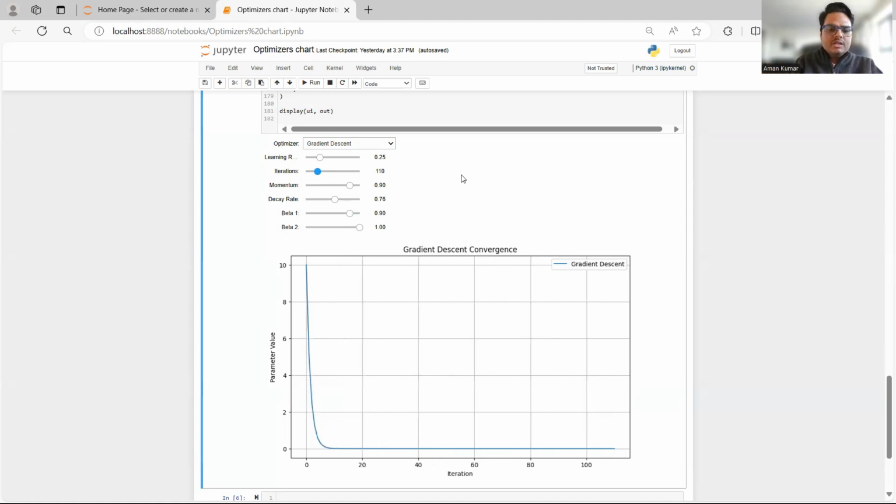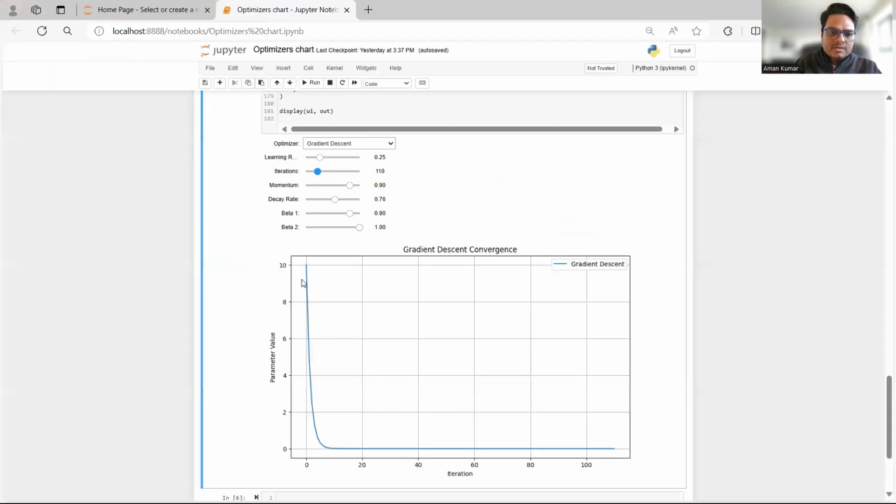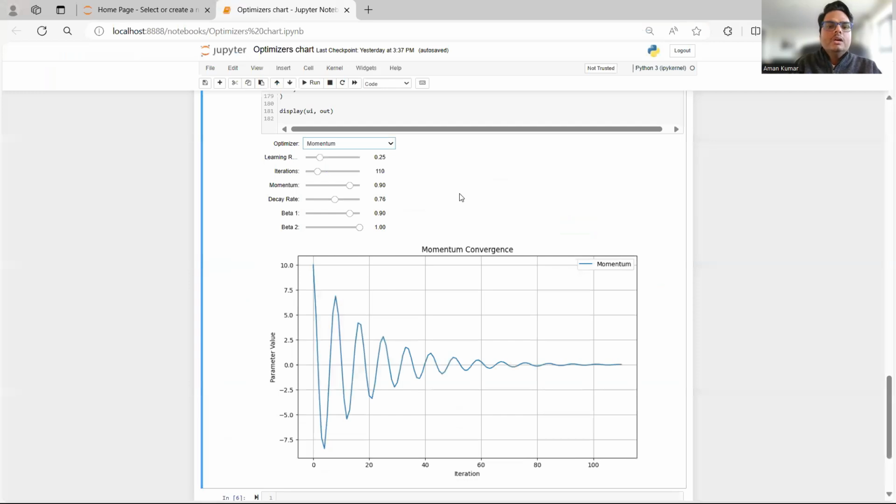Now, in the theory, I was telling you that if you run 100 iterations, gradient descent may take more time as compared to momentum, because momentum pushes it in the right direction in the beginning itself. Right now I am running gradient descent. As you can see, from 0 to close to 10 it is here and then close to 20 it is here. If I change this to momentum, you are going to see it in not 10 but close to 3 or 4 iterations only.